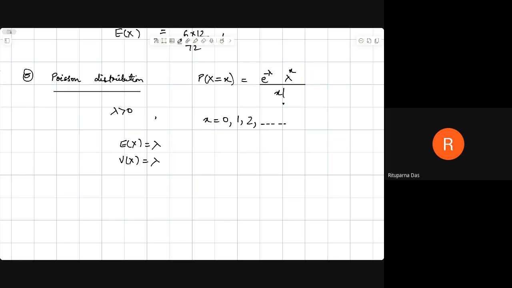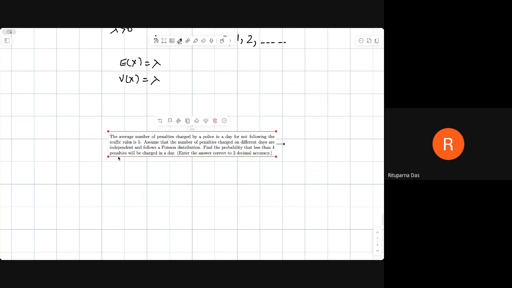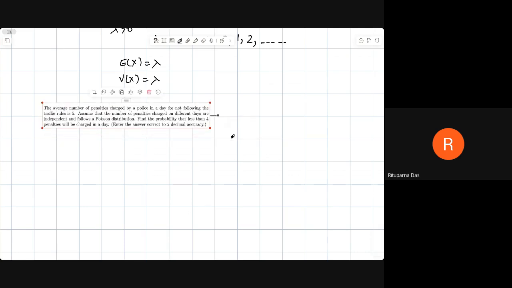Now let's look at a problem for the Poisson distribution. So this is the question.